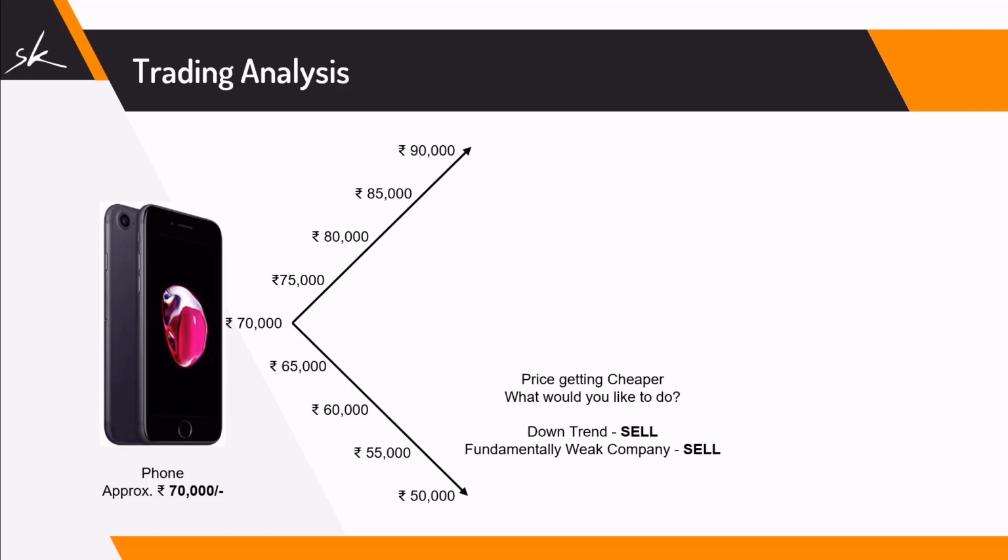I am sure you would not be interested in buying it. Instead, you would be happy selling it at an expensive price, which is again the logical thing to do. But if we look at it technically and fundamentally, technical analysis teaches us that in an uptrend, we should buy, and if a company is fundamentally strong, we should buy.